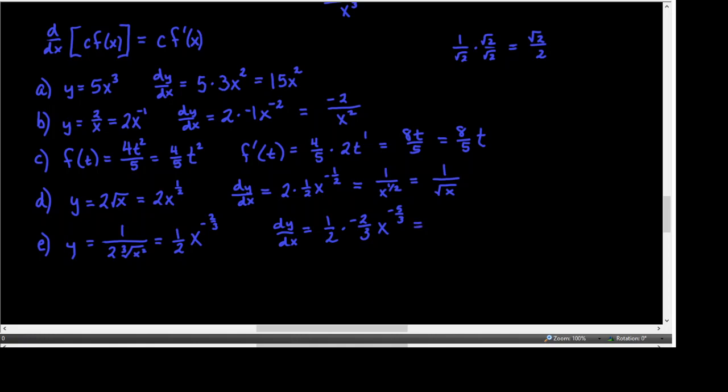And so simplifying that, I get negative 1/3 x to the negative 5/3. But I've said I don't want negative exponents, so that would be negative 1 over 3 x to the 5/3. And that would be an acceptable final answer for that one.